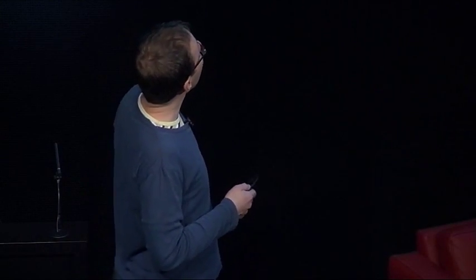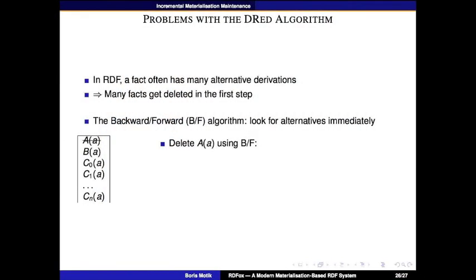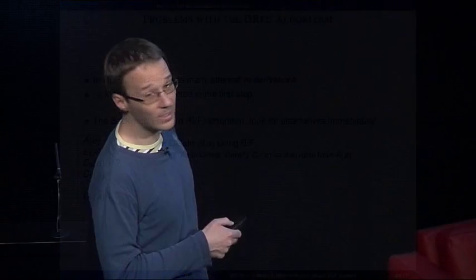Again, I won't present everything, but just the rough idea is, okay, we again want to delete this A of A. Just like in the DRED algorithm, we essentially identify facts which are derivable from A of A. But then we say, okay, is this fact still derivable?